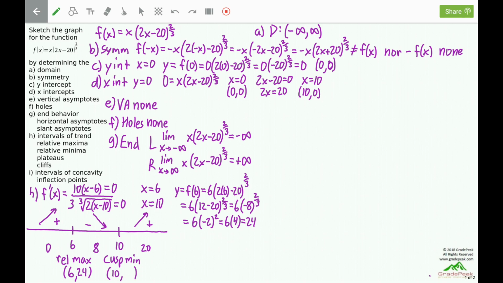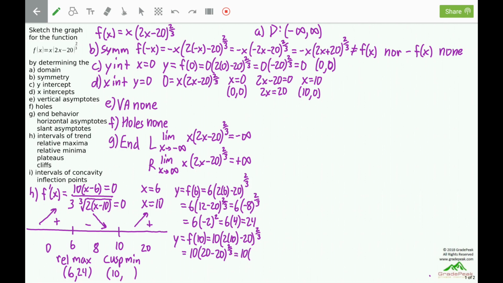It has a corresponding y-coordinate that can be found by plugging the x-coordinate back into the original function. So y equals f of 10, which is 10 times 2 times 10 minus 20 to the 2/3 power, which is 10 times 20 minus 20 to the 2/3 power.